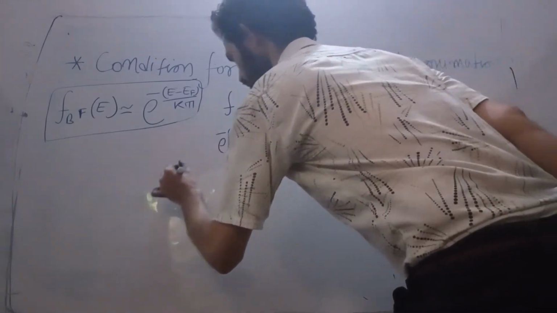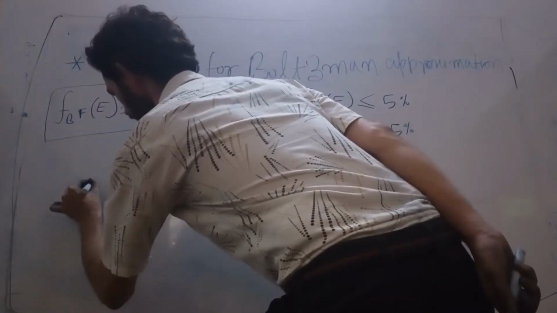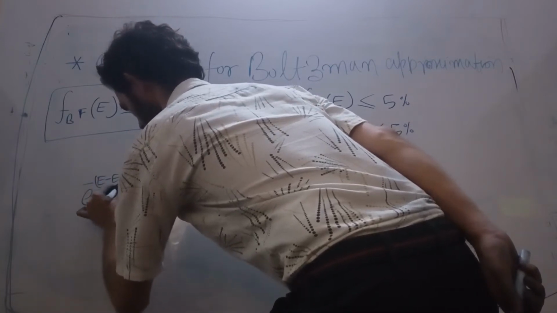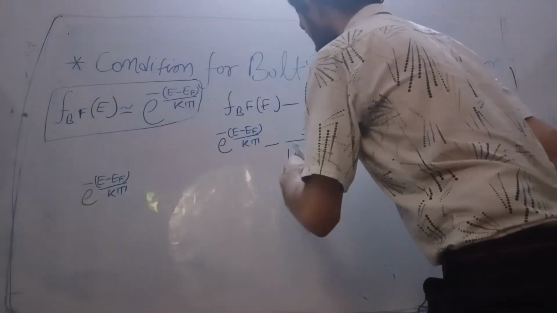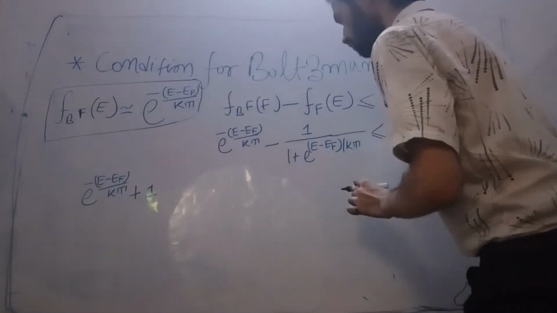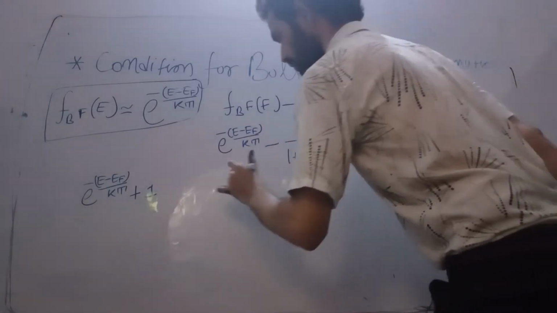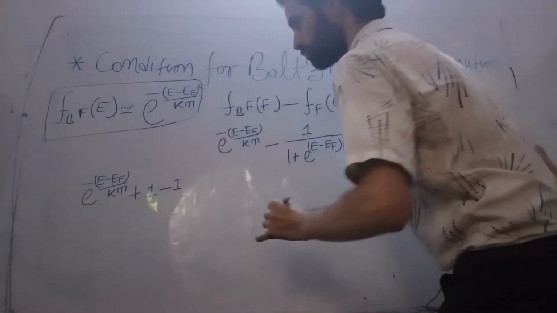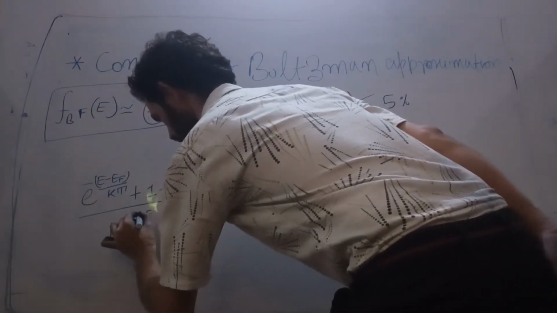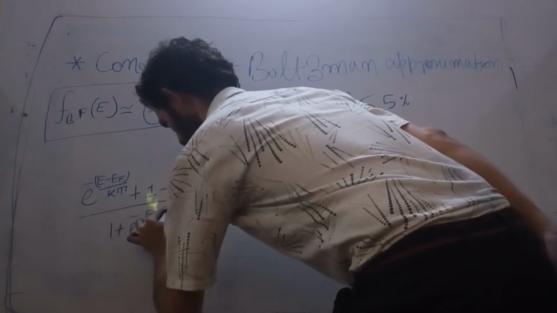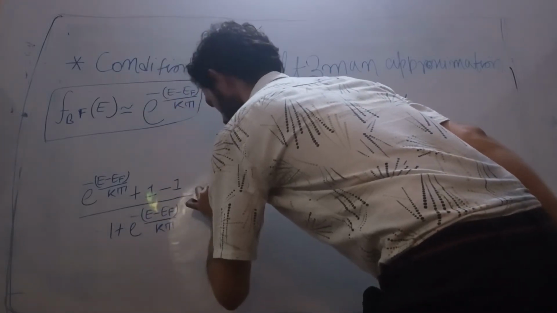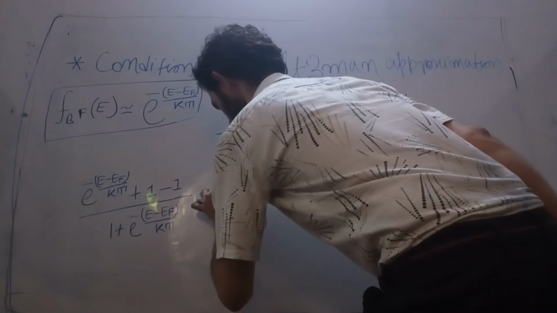When you solve this, what will we get here? e to the power minus (E minus EF) by kT, just multiply, this will get cancelled, plus 1 minus 1, divided by 1 plus e to the power (E minus EF) by kT, is less than or equal to 5%.